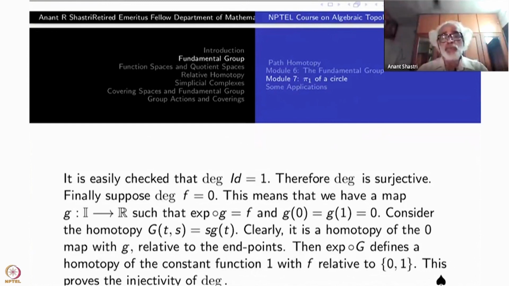So this proves that the degree map is an isomorphism and completes the computation of pi1 of S1. Pi1 of S1 is an infinite cyclic group. So that is the conclusion.